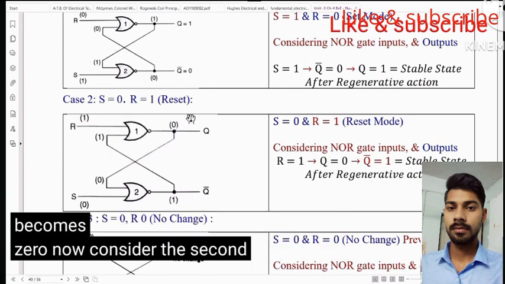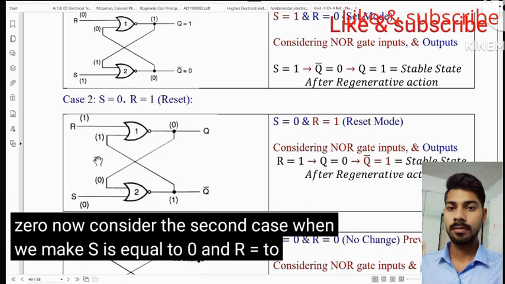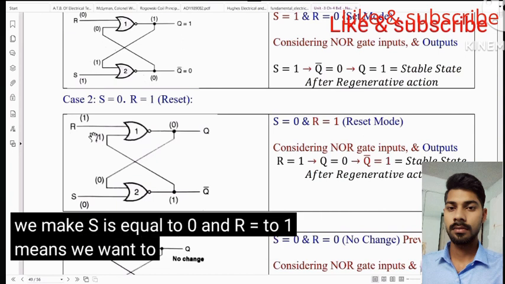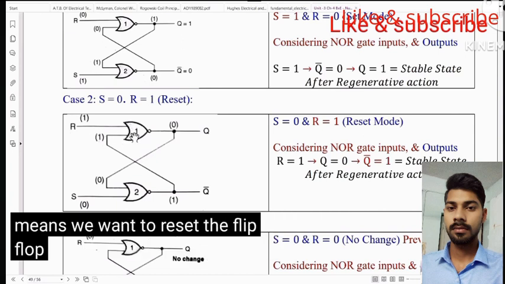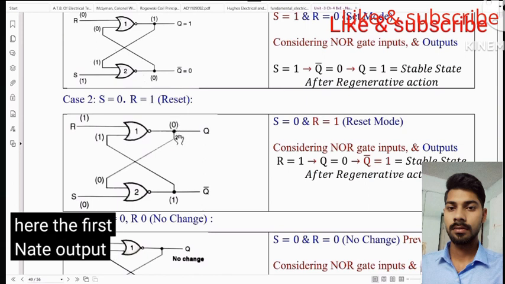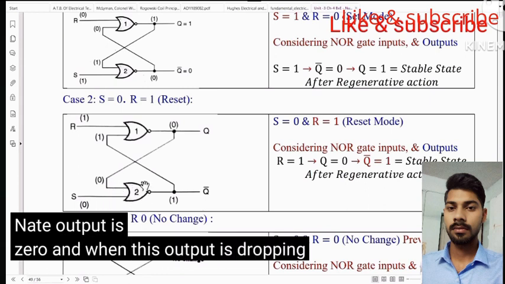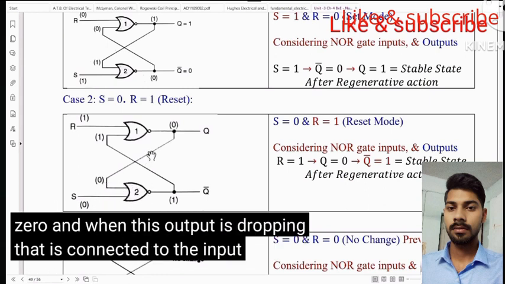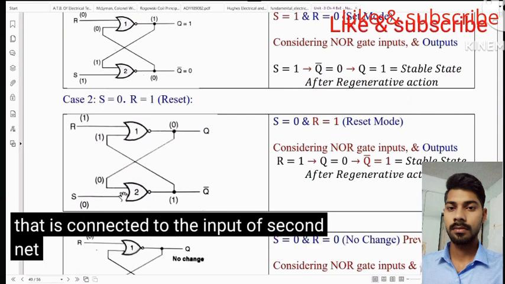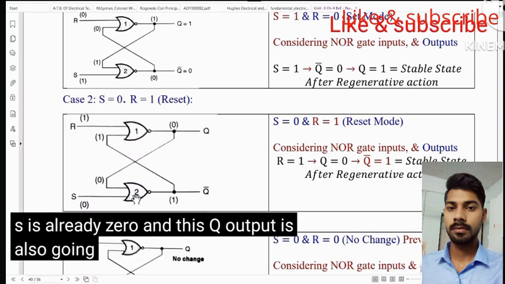Now consider the second case, when we make S equal to 0 and R equal to 1, meaning we want to reset the flip-flop. When R equal to 1, the first NOR gate output is 0. And when this output drops, it is connected to the input of the second NOR gate. S is already 0 and this Q output is also going to 0.